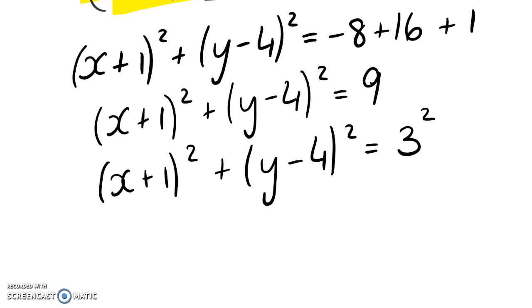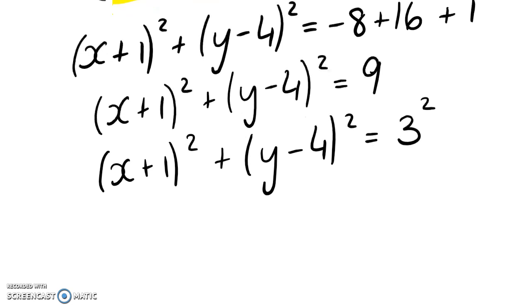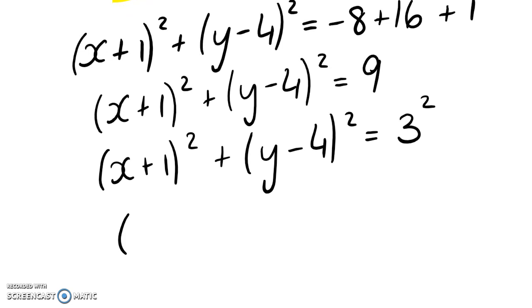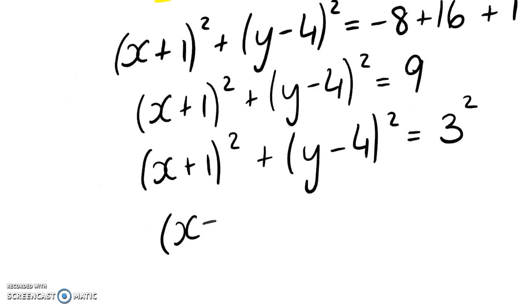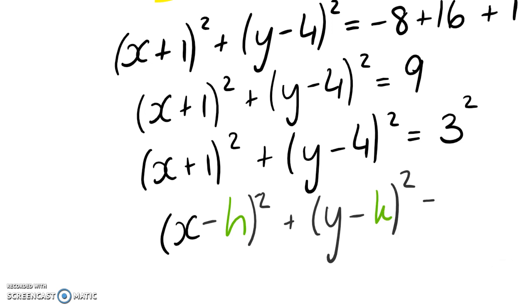Okay, so now that we've got this, we can say our standard form was x take h squared plus y take k squared equals r squared.